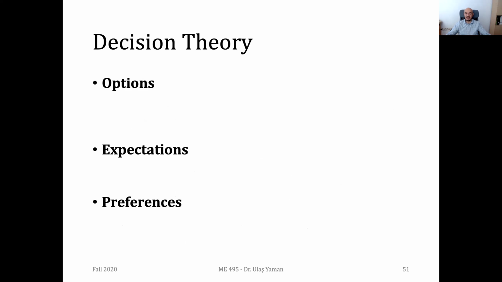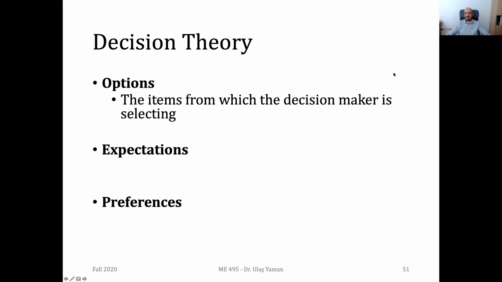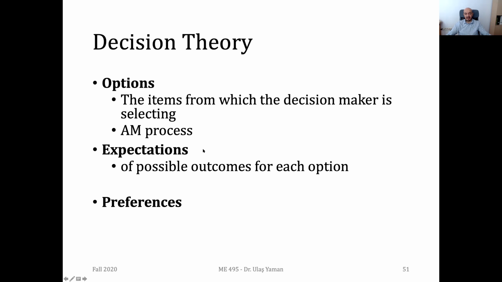Some process or some machine might have other advantages, so you need to consider all these while deciding on a specific machine or process. The options are additive manufacturing processes, the machines maybe. The expectations might obviously be different for different technologies, and these are the outcomes of the options.